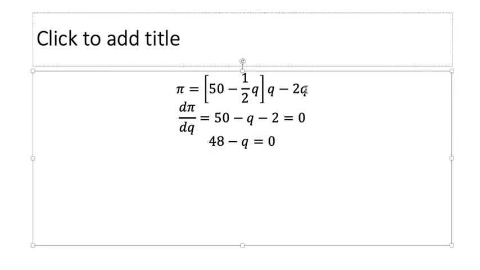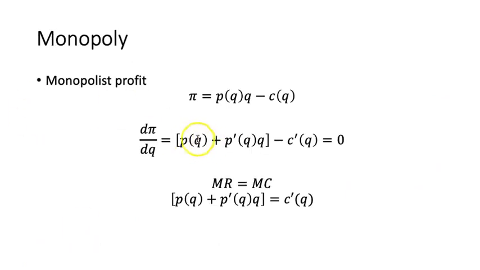And therefore, the quantity that maximizes the firm's profit is equal to 48. Alright? So it's just a matter of reviewing this concept: marginal revenue must be equal to the marginal cost.